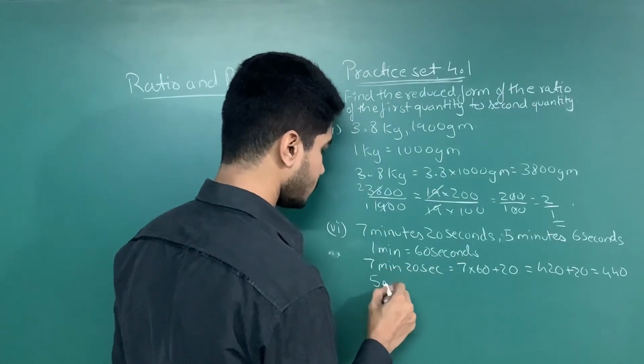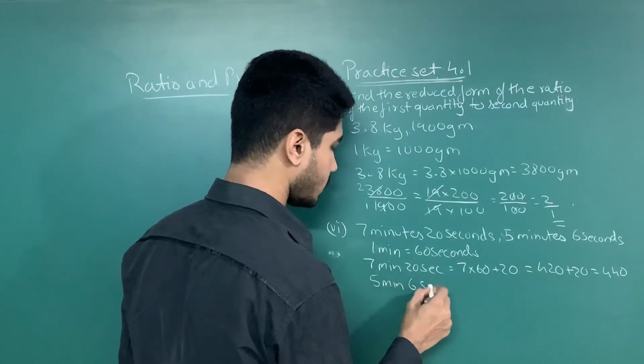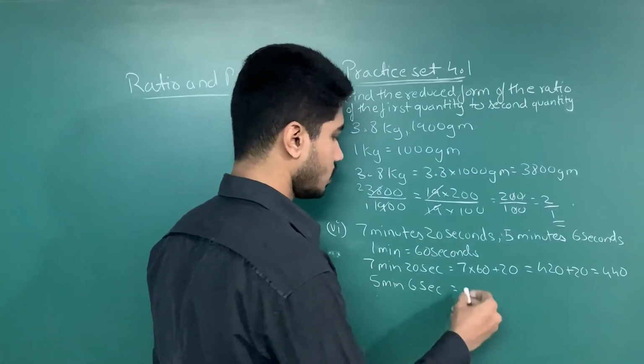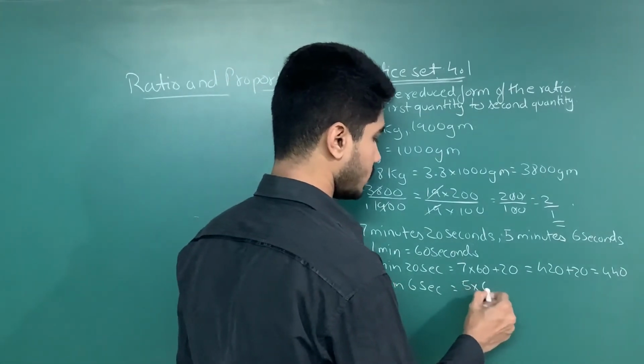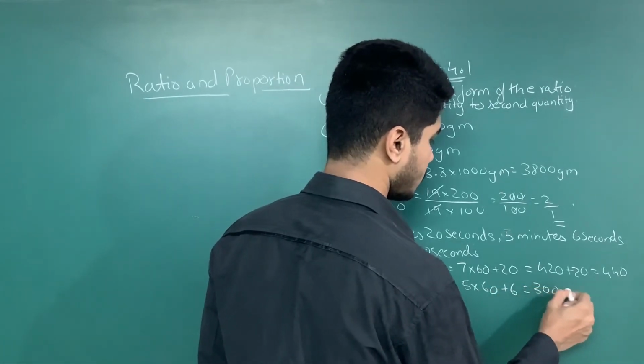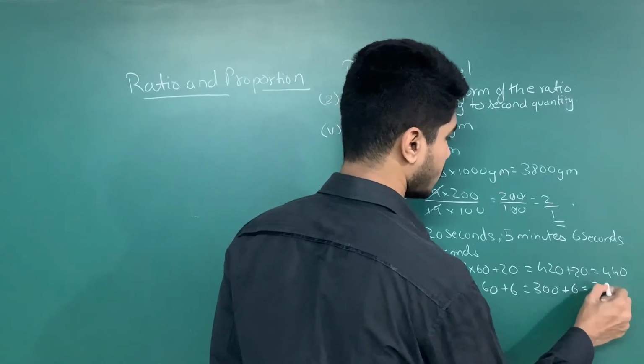5 minutes 6 seconds. So this will be 5 into 60 plus 6. So this will be 300 plus 6, which gives you 306.